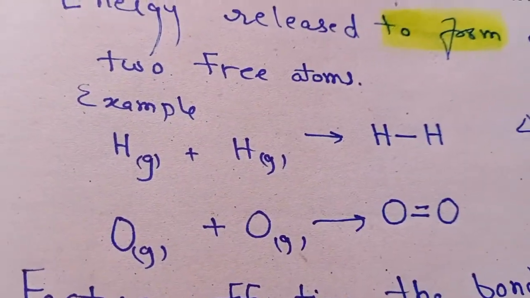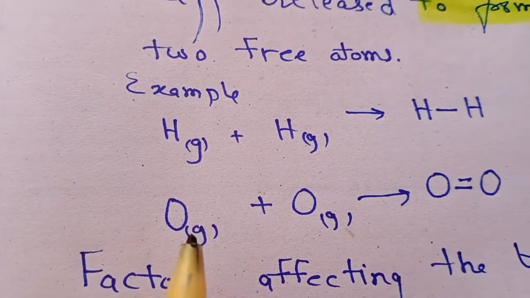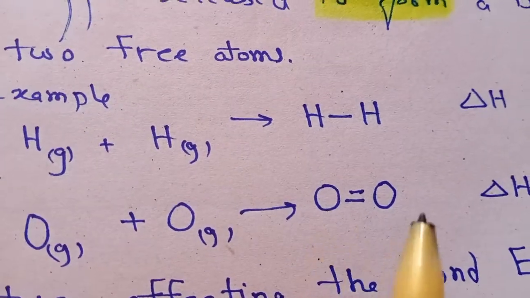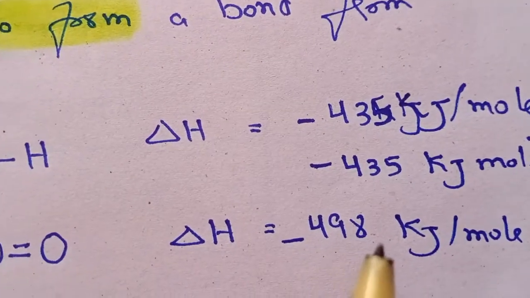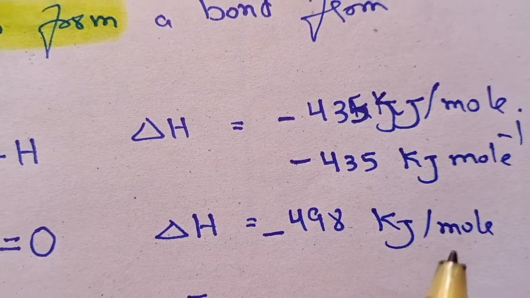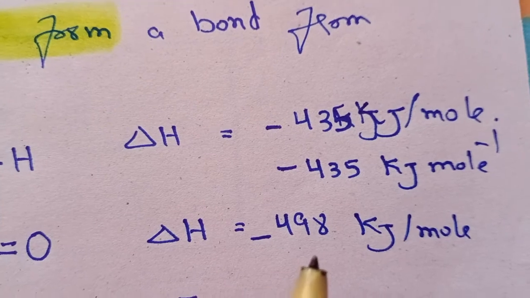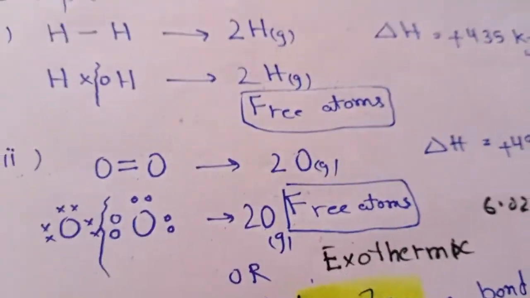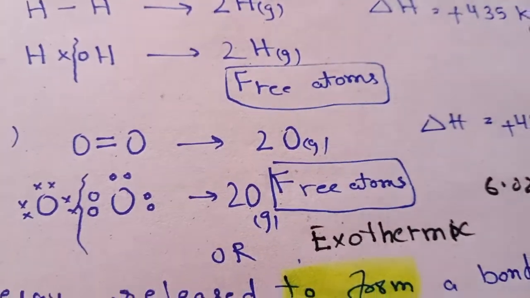Here we have the same example in the reverse situation: two free oxygen atoms combine to give a molecule of oxygen, and the energy released is minus 498 kilojoule per mole. This is the same amount of energy which was required in the above example when we were breaking the bond. The amount remains the same, but the sign is different.